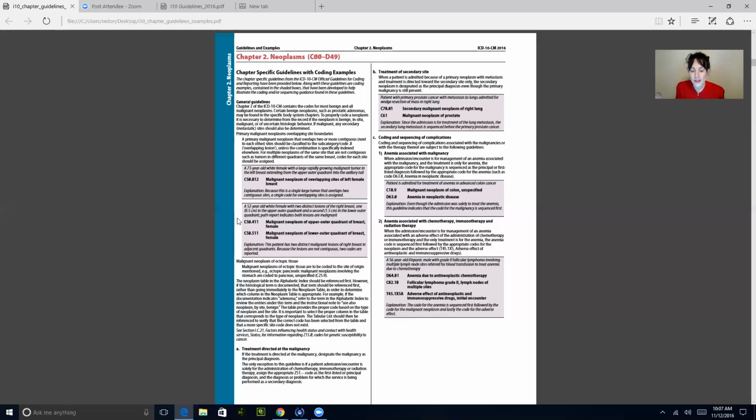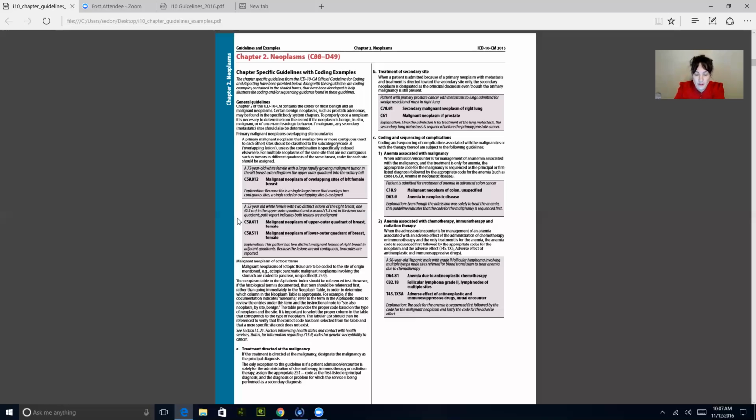The patient has two distinct malignant lesions of the right breast in adjacent quadrants. Because the lesions are not contiguous, two codes are reported. So because they don't overlap each other, we would code the two separate areas that the malignant neoplasm is at, which would be our upper outer quadrant of the breast and our lower outer quadrant of the breast.